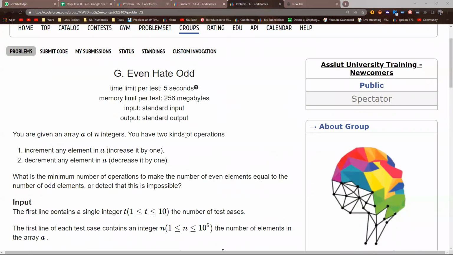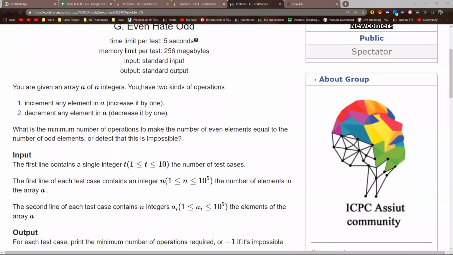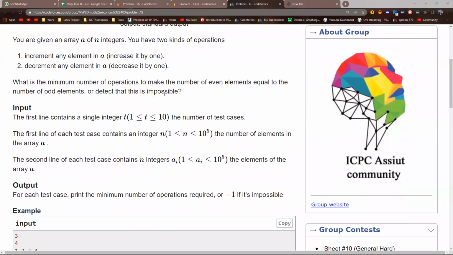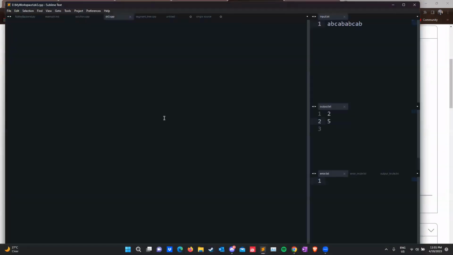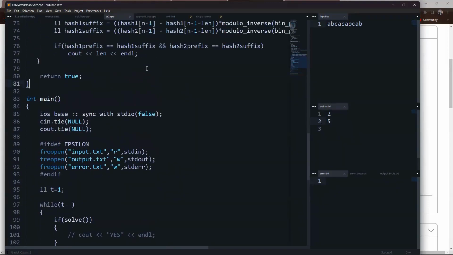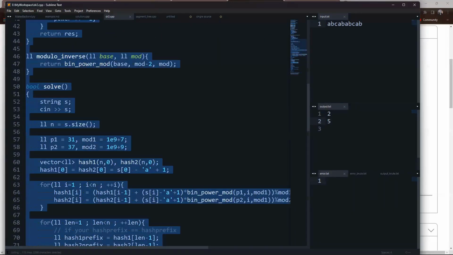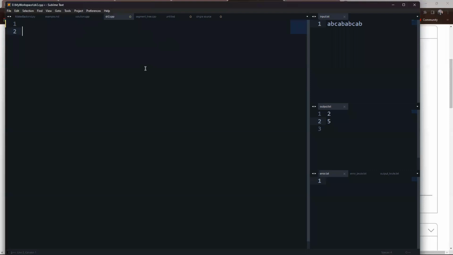In this one, you had some elements, and you have to find the minimum number of operations required to make the number of even elements equal to the number of odd elements. So how can we do this? The very first thing is, if your n is odd, then the answer is impossible, right?